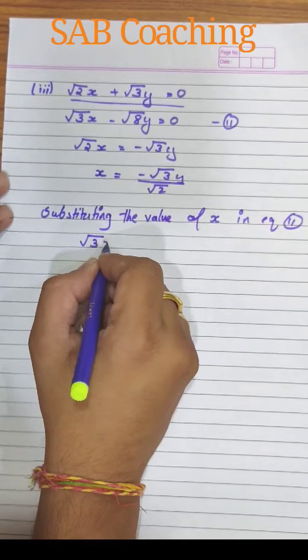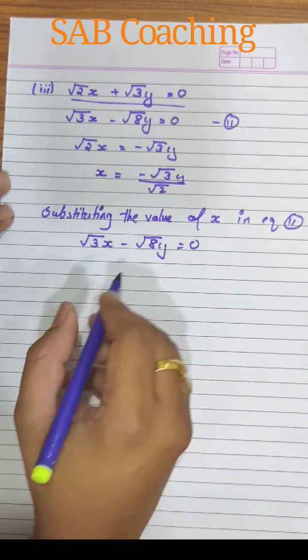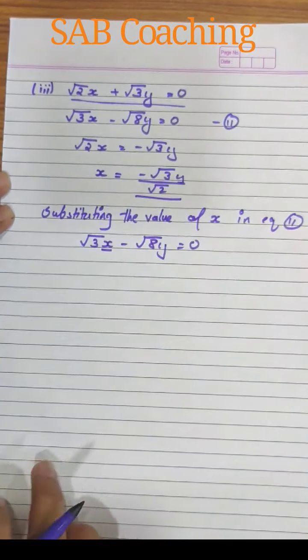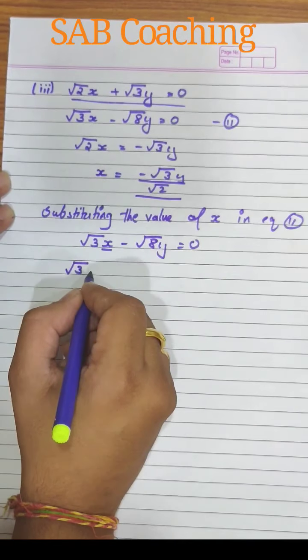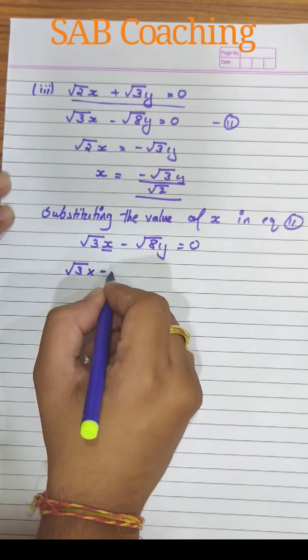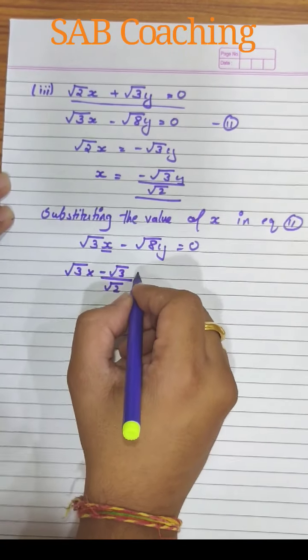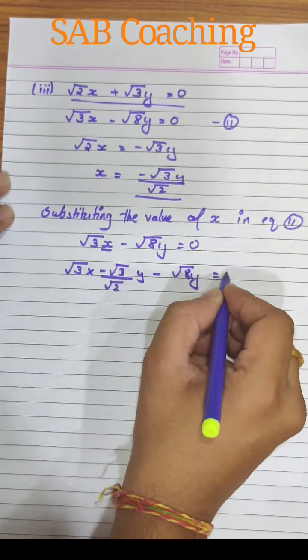That is root 3x minus root 8y equal to 0. So what is the value of x that we have got? It is minus root 3y by root 2. So you need to substitute that. Root 3 multiplied by minus root 3 by root 2 y minus root 8y equal to 0.